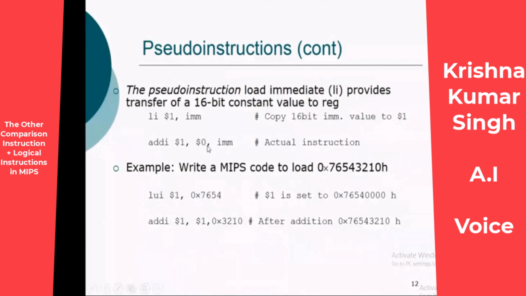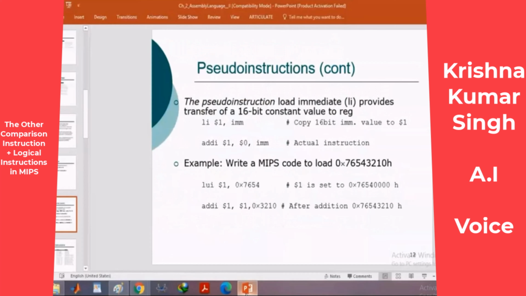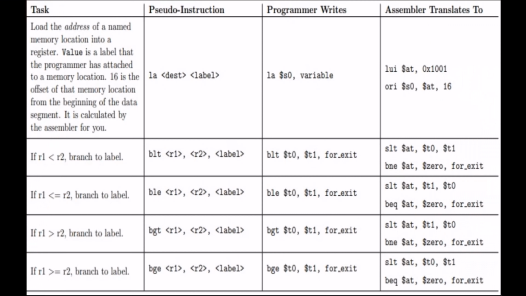Another instruction is load immediate. If you want to load immediate data into a register, there isn't any instruction for this purpose. But it is a very common action that we need. We want to initialize the registers. In fact, it is done by adding the immediate value to register 0.